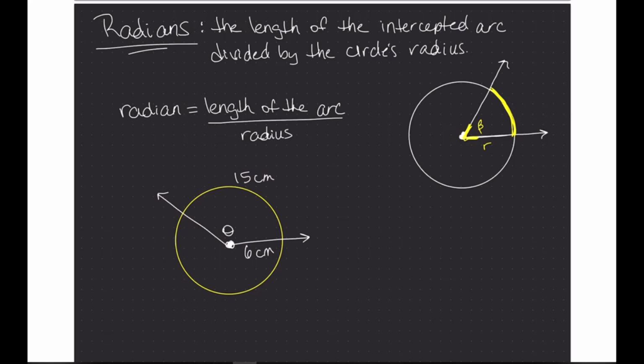And I wanted to know that theta, or that radian. My theta would equal the length of my arc. What's the length of my arc? 15. Yeah. Over my radius, 6. And we can just simplify that down to what? 5 over 2 radians. And you just leave it like that. Yep.